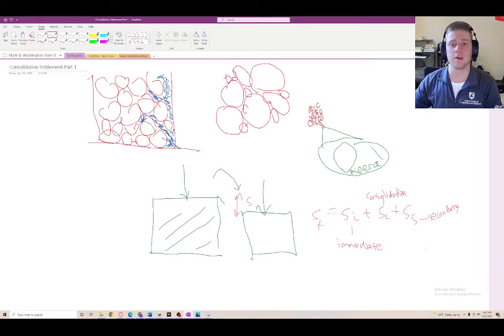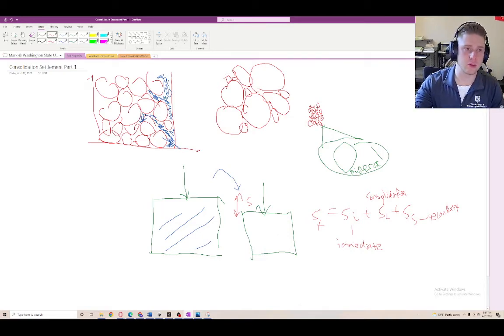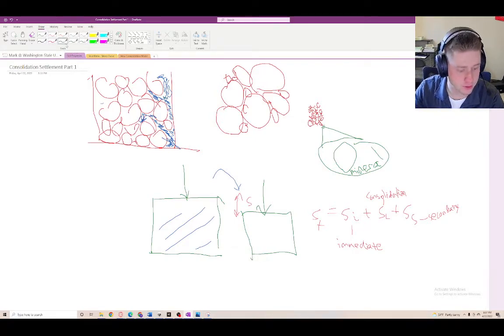Because how does consolidation work? Well, consolidation is, by definition, the compression of the soil, which is dependent on the rate at which the water leaves the soil. So I'm actually going to use this example that I've already drawn. Let's say this is all water, right?